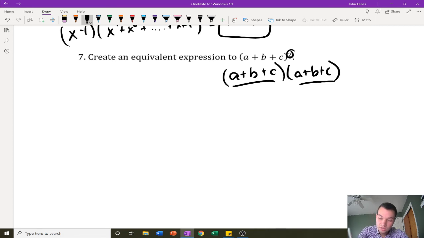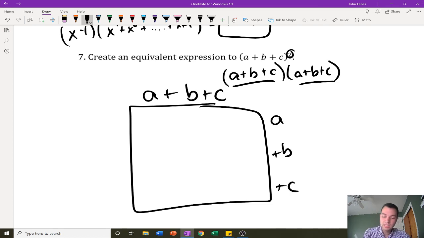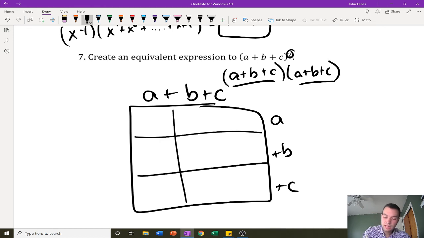Well, it's 3 terms times 3 terms, so let's make a big box here. a plus b plus c times a plus b plus c. I have a 3 by 3 grid here for multiplying. a times a is a squared. b times a.